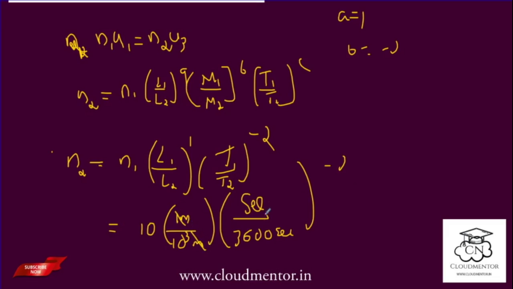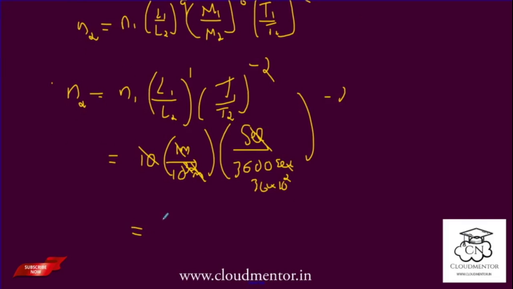So meter cancelled, second cancelled, and 3600 we can write as 36 multiplied by 10 raised to 2. And when that comes to the top it will be 10 raised to minus 2, and 10 raised to minus 4, and we get 10 raised to 2.